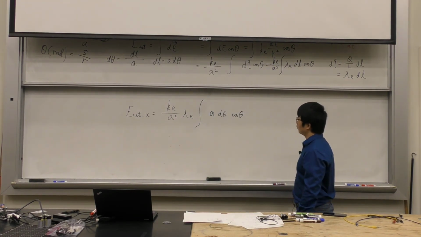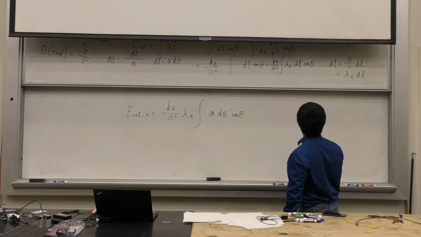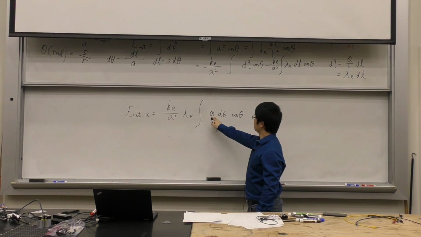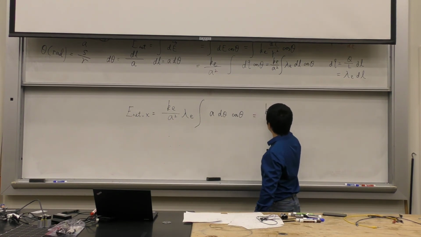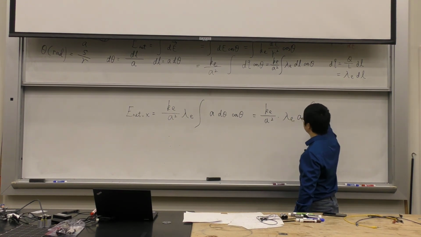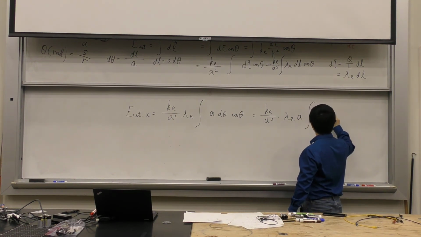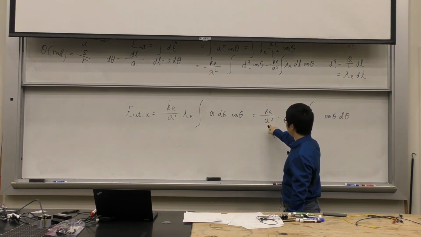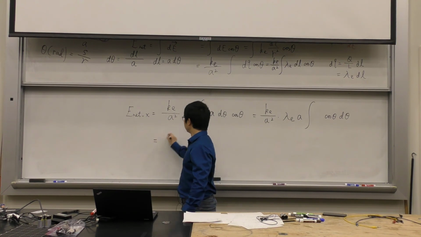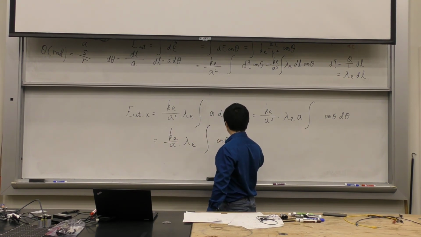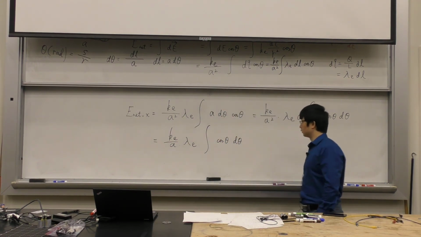Now you can even take out this a, because this is a constant. So you would have K_E over a squared times lambda_E a cosine theta d theta. This a cancels out one power of this a, so at the end you will have K_E over a lambda_E cosine theta d theta.